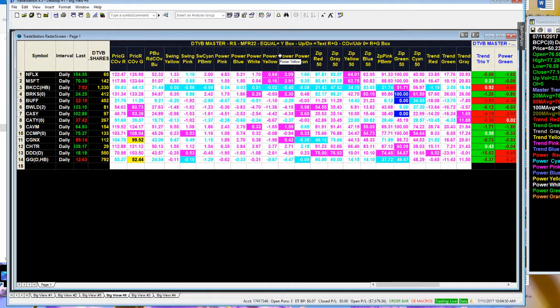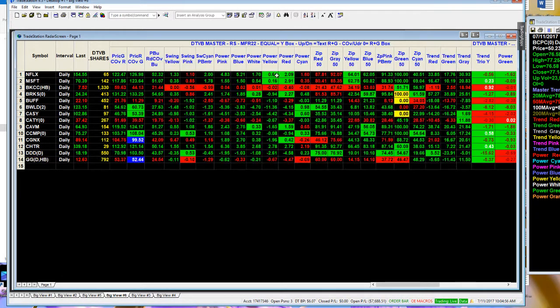To keep it simple, I just made the title really long. When you have two indicators that are equal, you get a yellow box. When the indicators are up and down, the text is red or green. And when you have a crossover zero, you get a red box or a green box, meaning crossover or cross under. So it keeps it pretty simple.